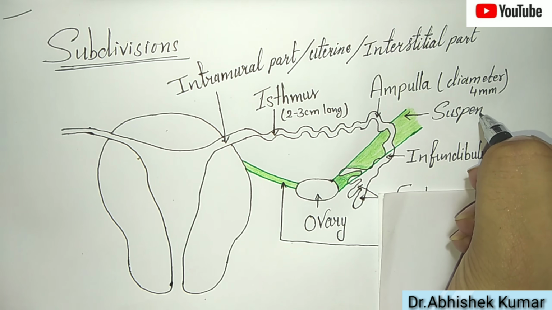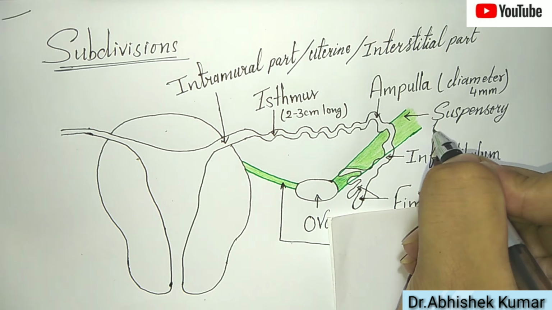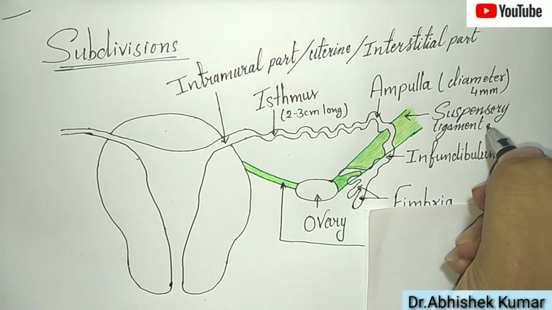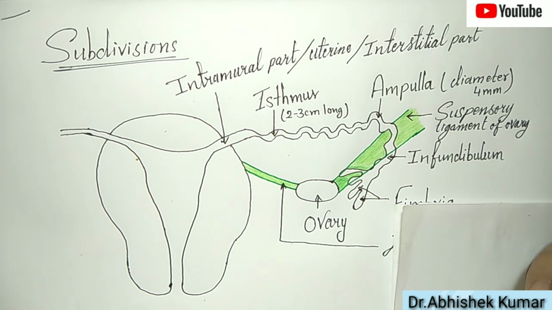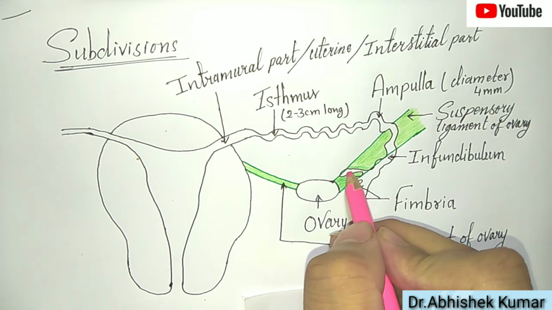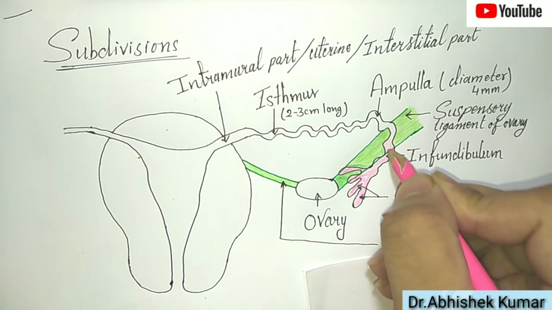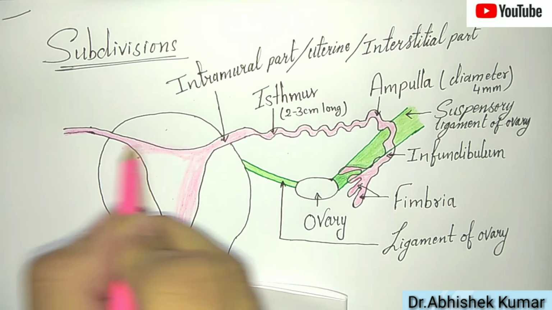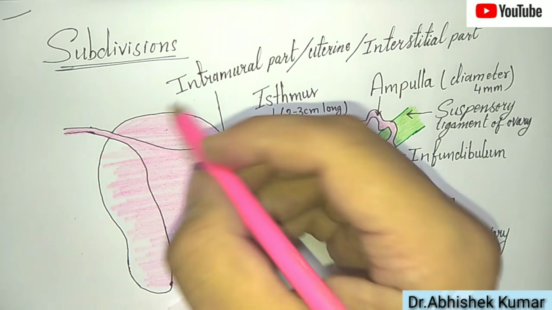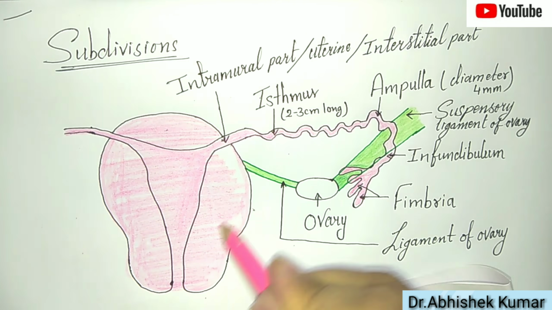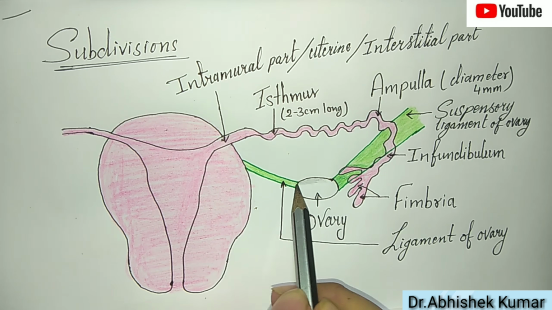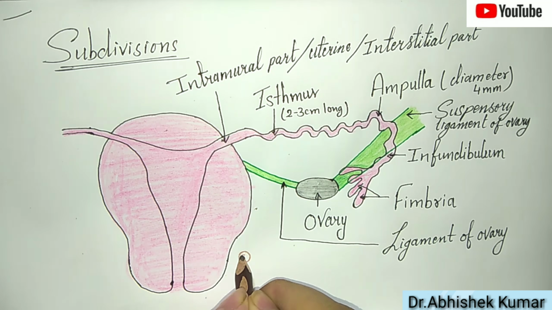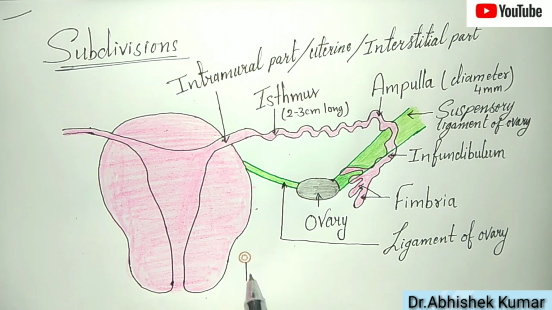And the upper side is called the suspensory ligament of the ovary. Two ligaments: ligament of ovary and suspensory ligament of ovary. And in pink color, I am labeling all the subdivisions of the uterine tube. So the subdivisions are fimbriae, infundibulum, ampulla, isthmus, and intramural part.